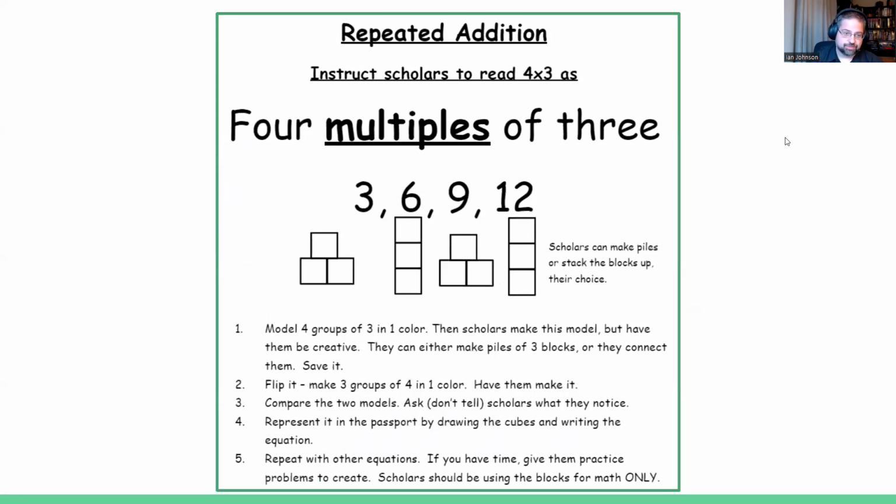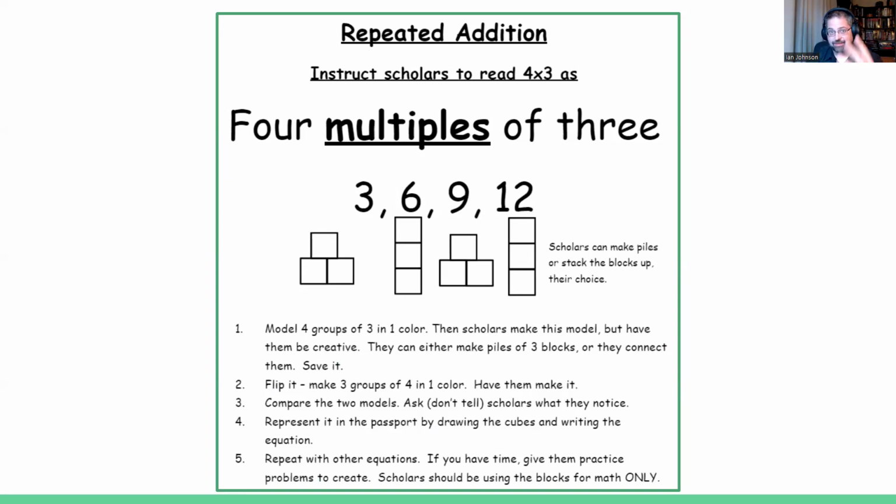The next one is repeated addition. For this station, you are actively going to have your scholars use connecting cubes. Repeated addition is basically the bread and butter of what multiplication is. When you say 4 groups of 3, or 4 jumps of 3, or 4 multiples of 3, what we're doing is adding 3 plus 3 plus 3 plus 3.